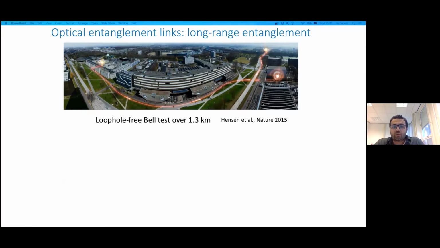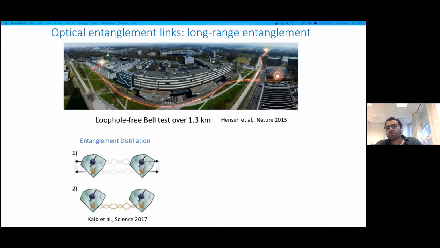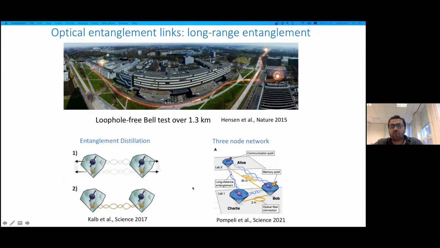More recently, they also showed more sophisticated protocols over a quantum network, such as entanglement distillation, and most recently a multi-node network with three NV centers, which is really the state of the art in the whole quantum network field.